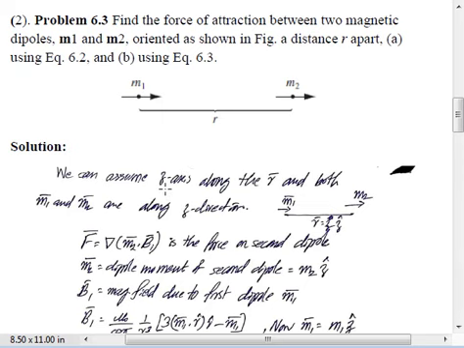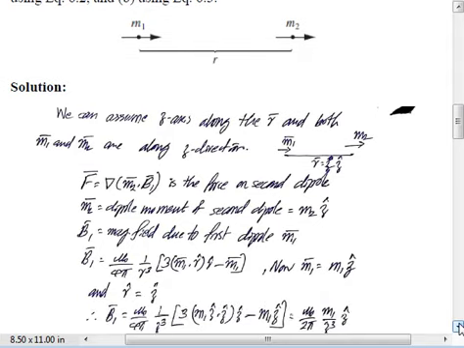So here we take the z-axis along the r, and both m1 and m2 are along the positive z direction. So we can write r is equal to z into z cap. Now the force experienced here: m1 is a dipole. It will produce a magnetic field here, and that magnetic field will not be uniform.